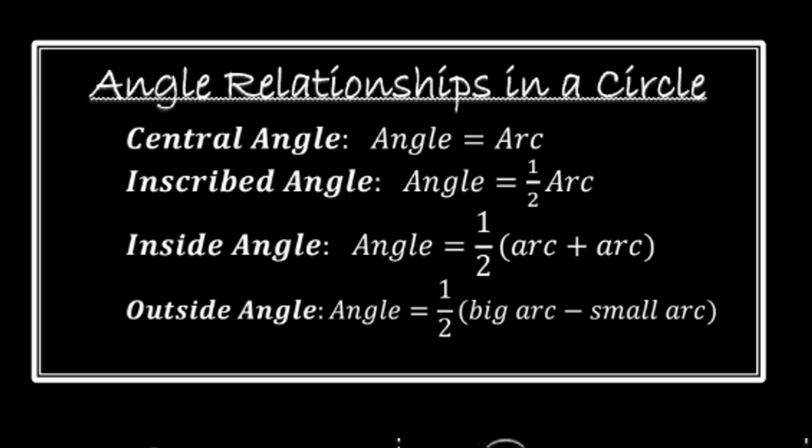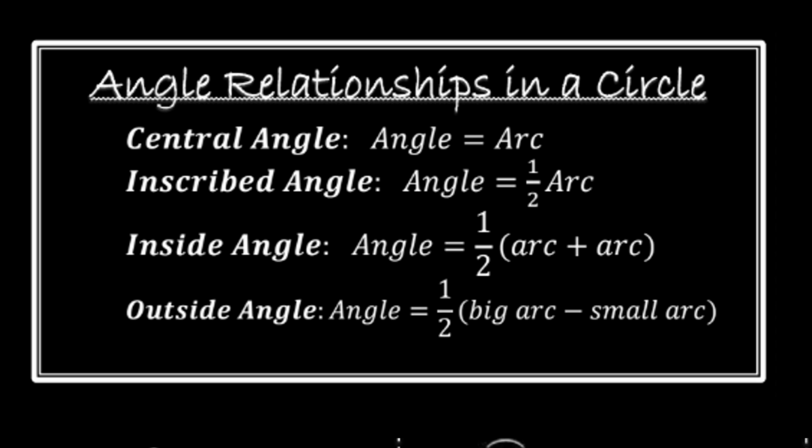What about, now this one's trickier, an inscribed angle? It's inscribed. It's like the angle, the arc is inside the angle. So all the points end in are points on the circle.